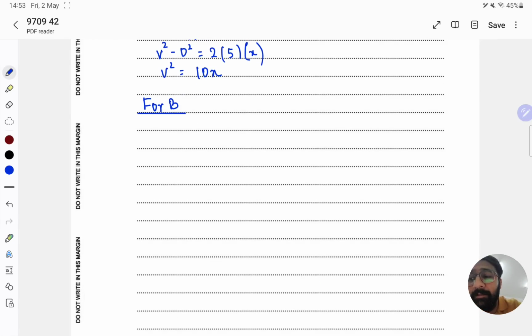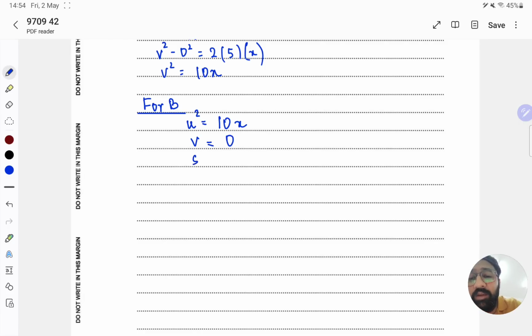So the initial speed of object B will be the same as the final speed of A. It will be 10x, and the final speed of the object will be 0.